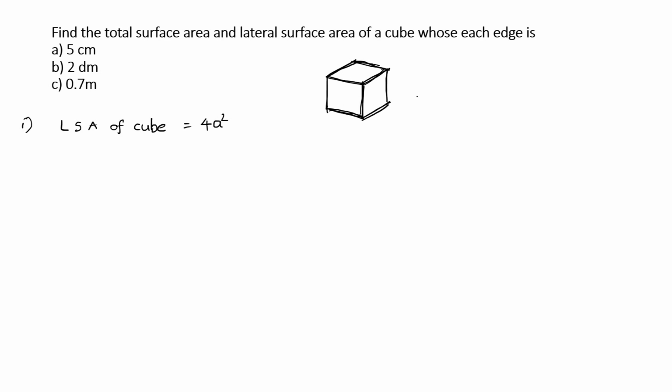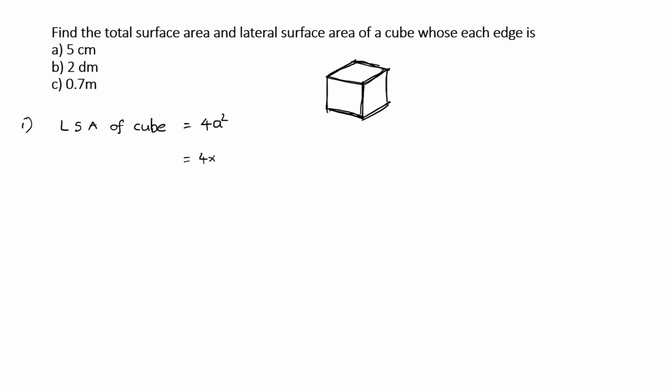A cube will have 6 faces, total 6 faces. Out of that, if you remove top and bottom, it will have 4 faces. Usually lateral surface means without top and bottom, so it will be 4 faces. So each face in the shape of square, so area will be a square, therefore LSA of cube will be 4a square.